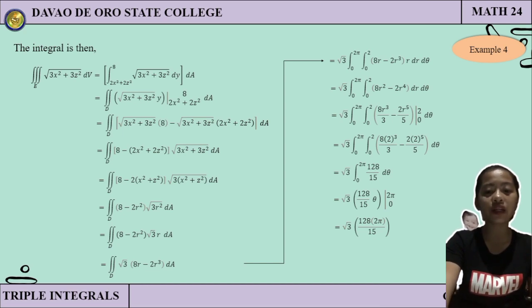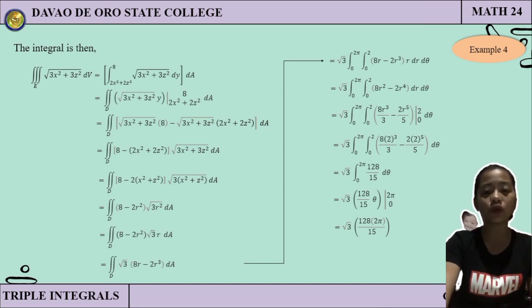Since we can factor out the 2 in the expression 2x squared plus 2z squared, we will have the double integral of 8 minus 2 times the quantity x squared plus z squared, times square root of 3 times the quantity x squared plus z squared, dA. In this part, we also factor out the 3 in 3x squared plus 3z squared. Earlier, we substituted r squared for x squared plus z squared.